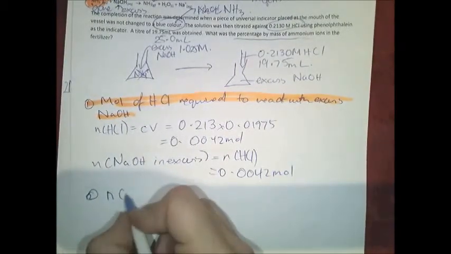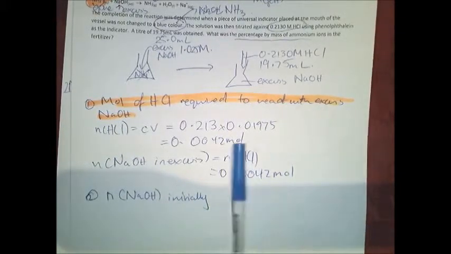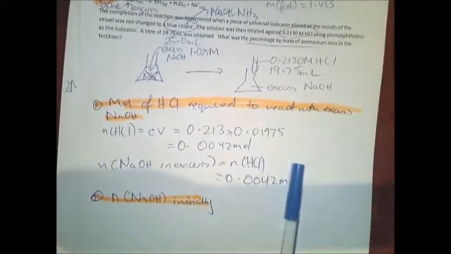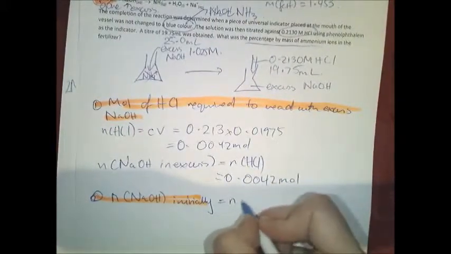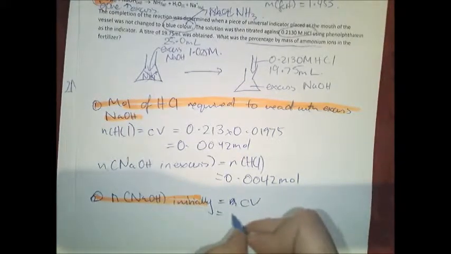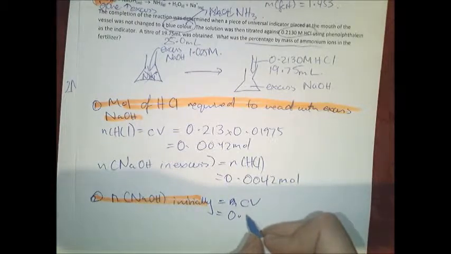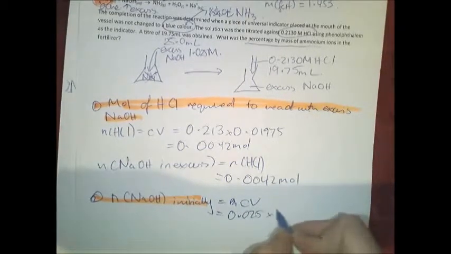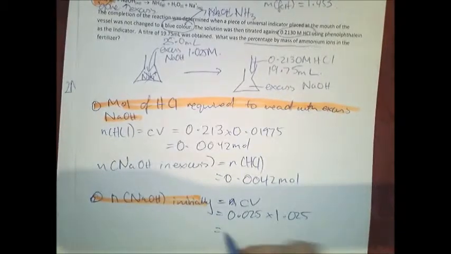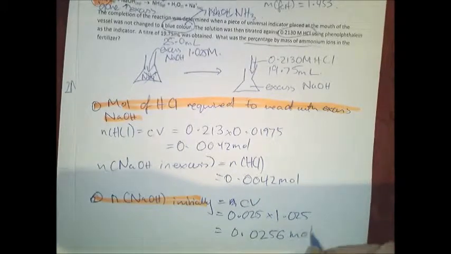Now, number 2, the moles of NaOH initially equals CV, which is 0.025 times 1.025, equals 0.0256 mole.